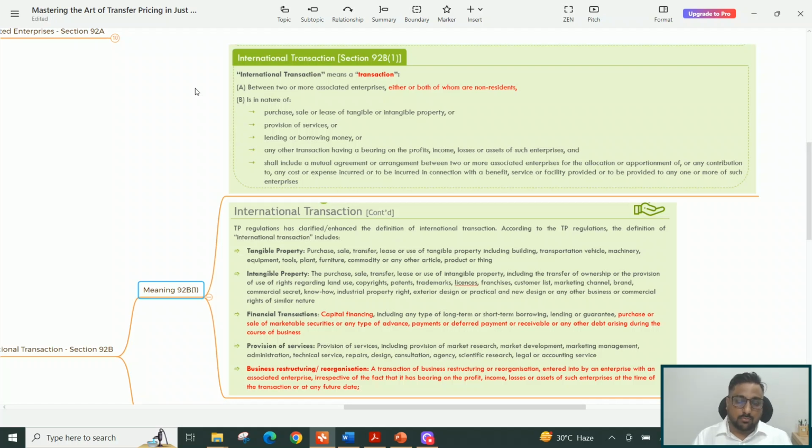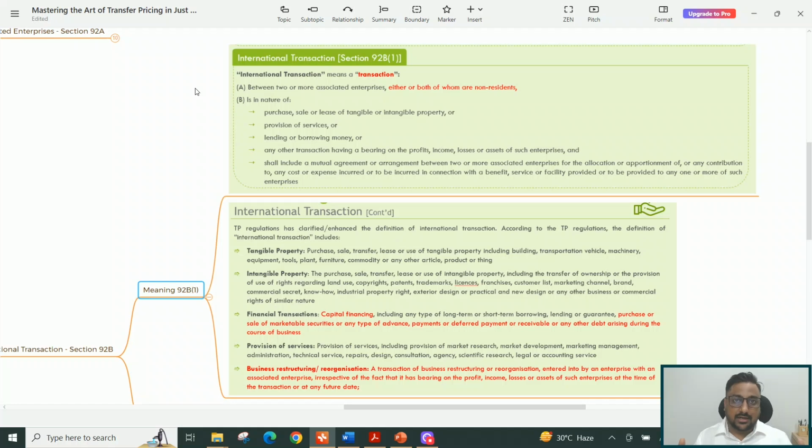I will not speak more on the B part, which includes everything, but I'll go ahead with the A part, which says that there should be a transaction between two or more associated enterprises, either or both of whom are non-residents.